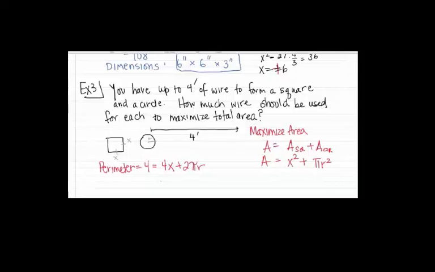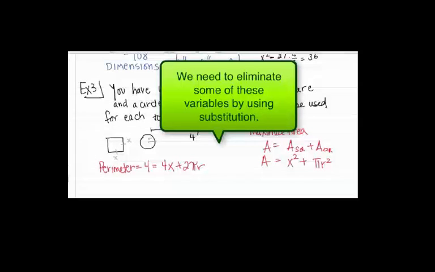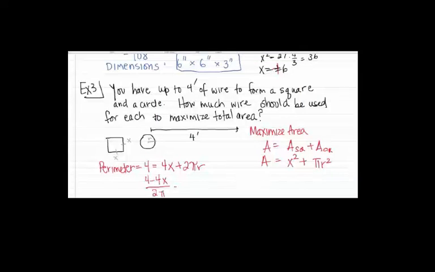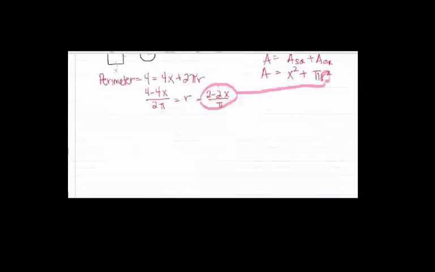So we can actually solve for r and plug that into our area equation so we have everything in terms of x. So let's see what we get when we solve for r. 4 minus 4x all over 2 pi, which we can rewrite as 2 minus 2x all over pi. So this is going to go in here for our r. So we have everything in terms of x. Area equals x squared plus pi times (2 minus 2x over pi) quantity squared.